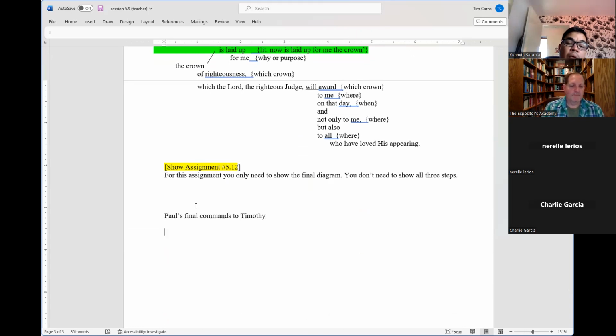And then Paul's motivation to Timothy. The commands are before, right? One, two, three, four: be sober, endure hardship, do the work, and fulfill.